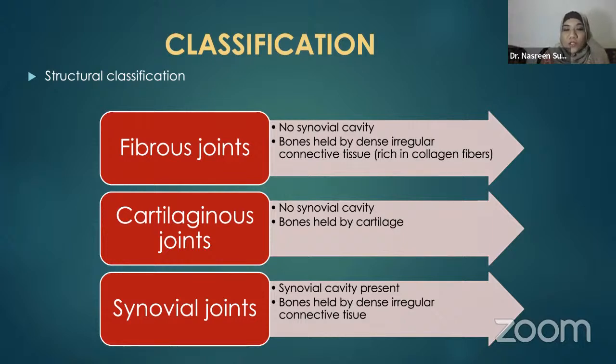And coming to the synovial joints, here the synovial cavity will be present, meaning the bones are apart from each other. When the synovial cavity is present, they are not bound to each other, but they are held at one place with the help of dense irregular connective tissue. Okay, am I clear?